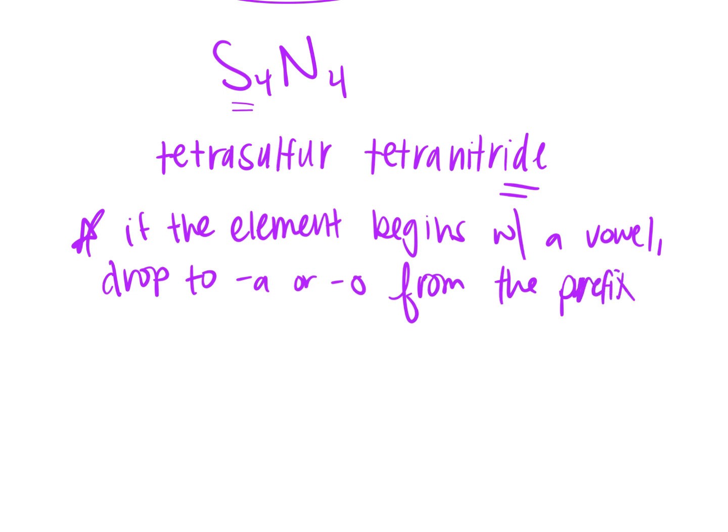Let's look at CO2. We don't call this one monooxide, we call it monoxide. You see the difference? We wouldn't call it tetraoxide, we call it tetroxide.